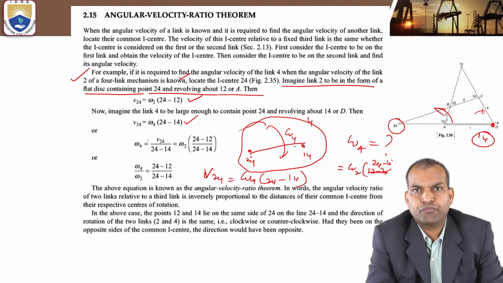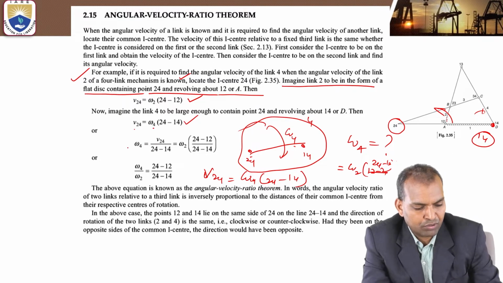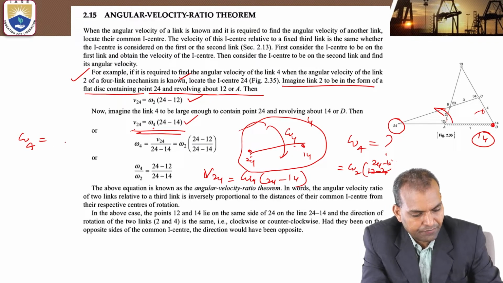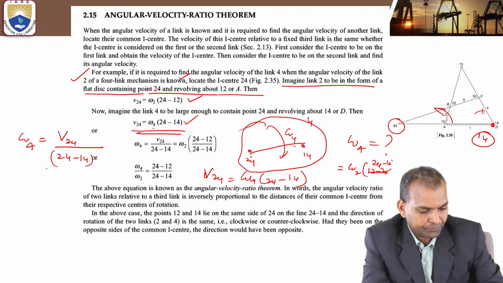Now omega 4 equals, from this equation, V24 divided by I24 to I14, that is the distance.